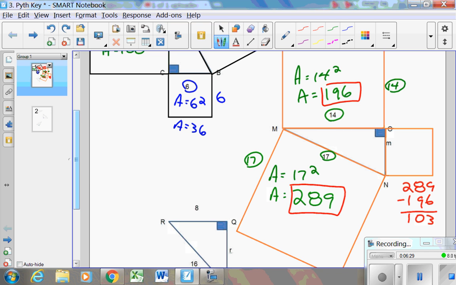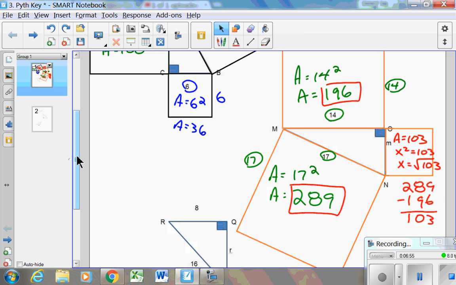That's how big the little square is. My little square has to be 93, because again, the small square and the medium square add up to equal the big square. So we subtract the two to find the area of the little one. Mathematically now, x squared is 93. So my x is the square root of 93.